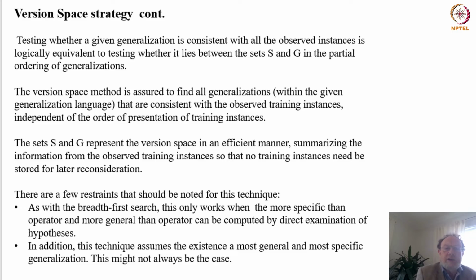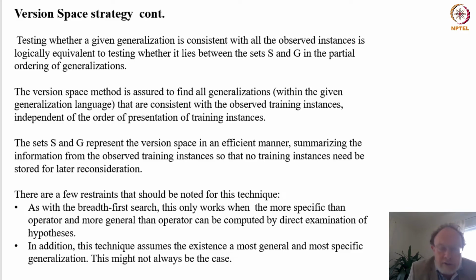So testing whether a given generalization is consistent with all the observed instances is logically equivalent to testing where it lies between the sets S and G in the partial ordering of generalizations. The version space method is assured to find all generalizations within the given generalization language that are consistent with the observed training instances, independent of the order of presentation of training instances. As you may know, many machine learning algorithms may depend on the order in which we look at training instances.